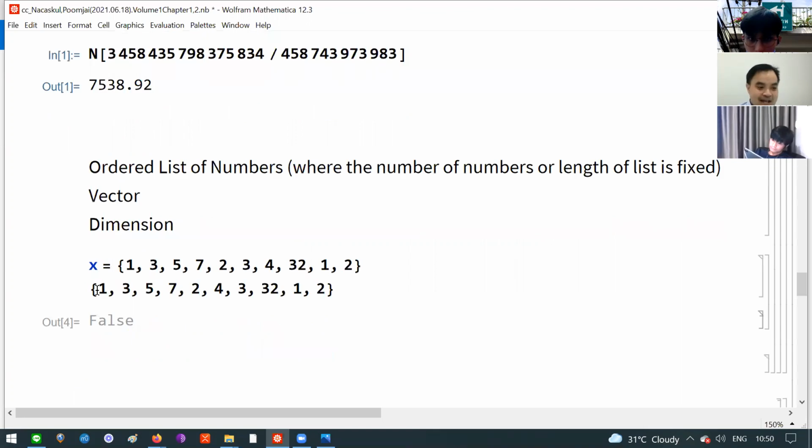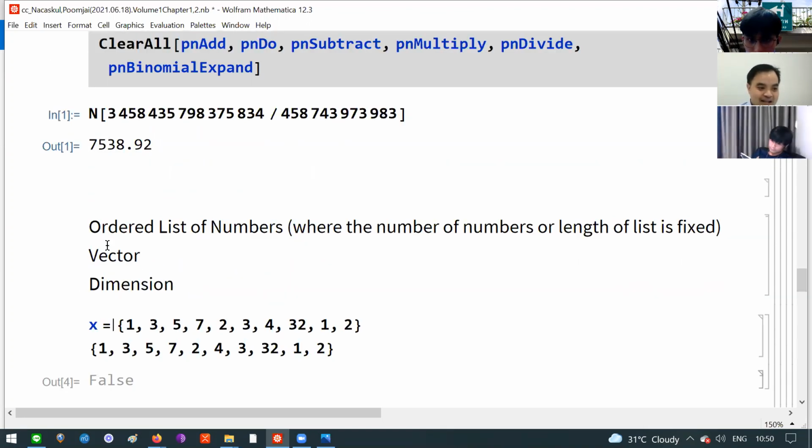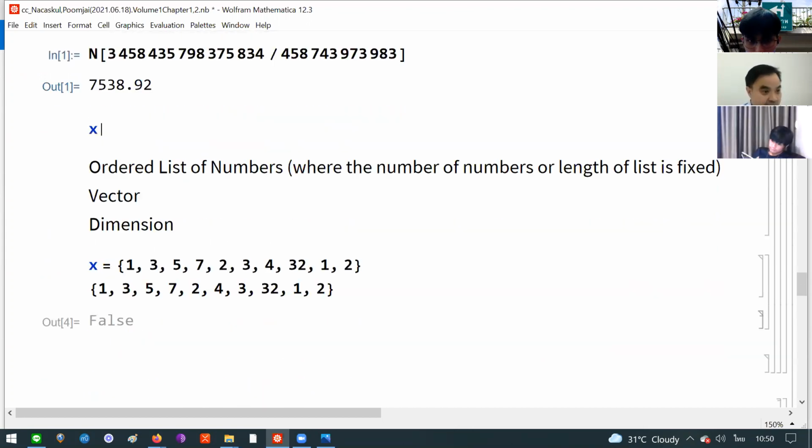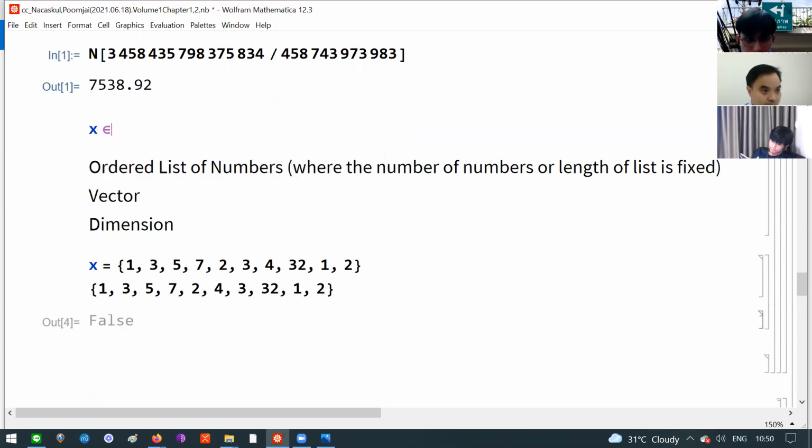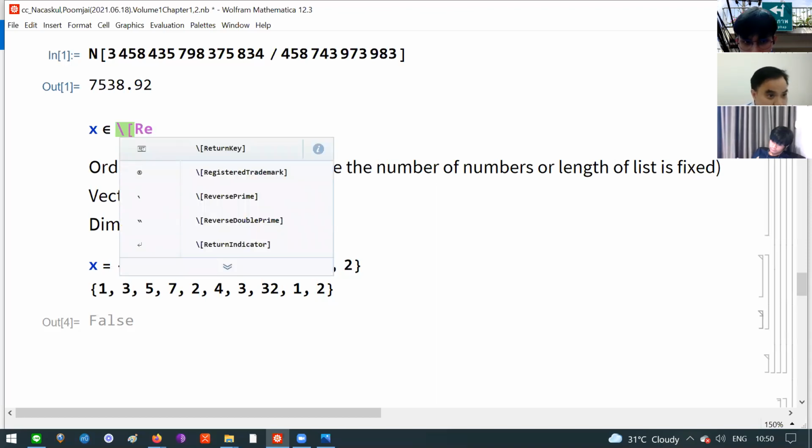So mathematically, if you're talking about something that has one value, you say X is an element of real numbers.